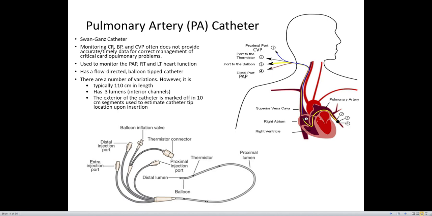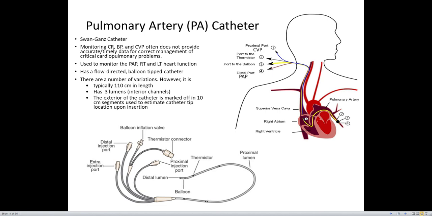So a Swan-Ganz catheter is important for monitoring other things that are not as easily monitored, such as cardiac rate, blood pressure, and CVP. Measuring these often does not provide accurate or timely data for correct management of critical cardiopulmonary problems. So it's used to monitor pulmonary artery pressure, right and left heart function.